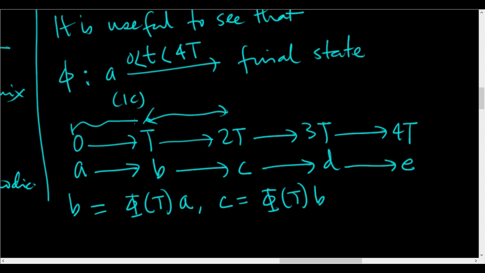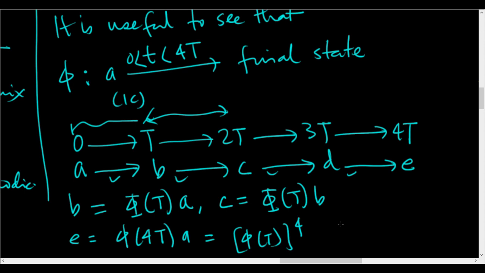Okay, in this way E is equal to phi, phi, phi and phi, 4. So it is phi of 4T times a, but it is also equal to phi of T to the power 4 times a.